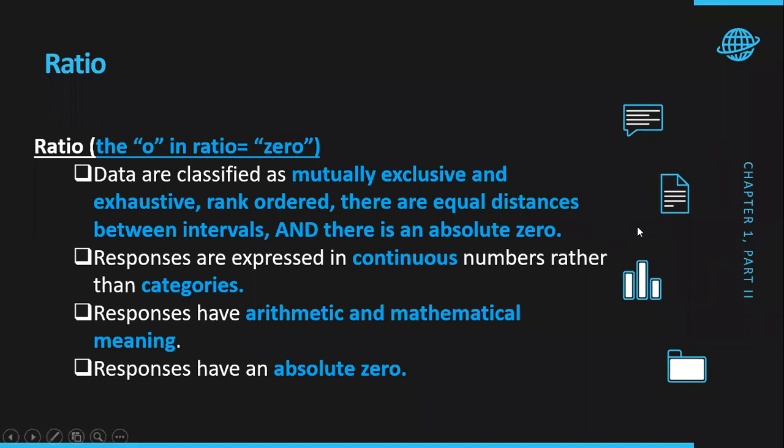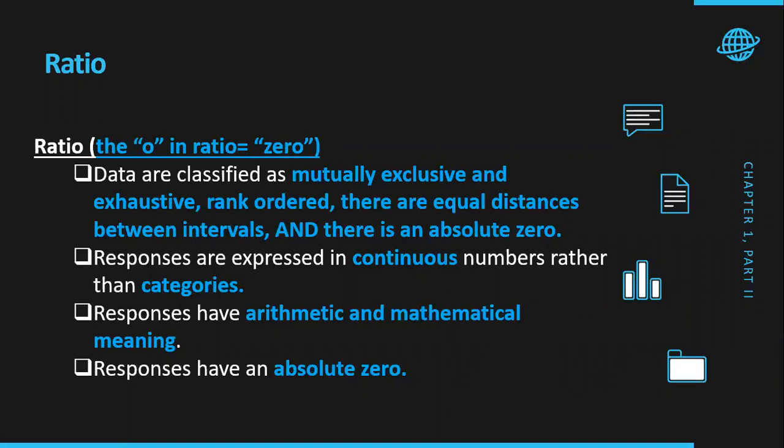Now let's talk about ratio level variables. One way in which to remember ratio level variables is that the O in ratio equals 0. We know that that's not necessarily true, but it's just one way to remember this. At the ratio level of measurement, data are classified as mutually exclusive and exhaustive, rank ordered, there are equal distances between intervals, and there is an absolute 0.